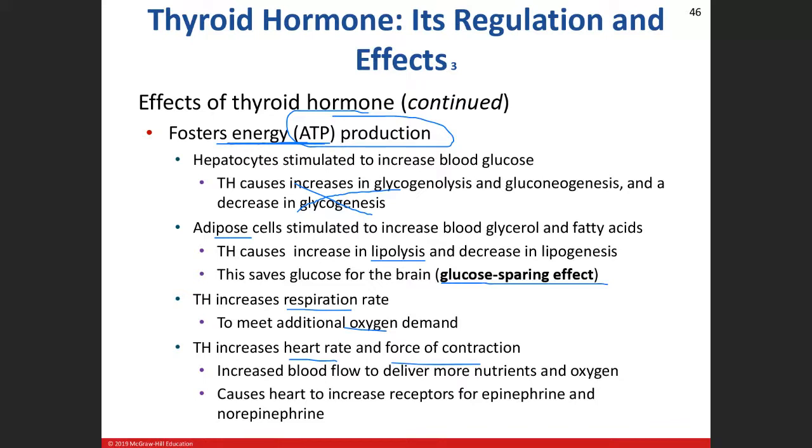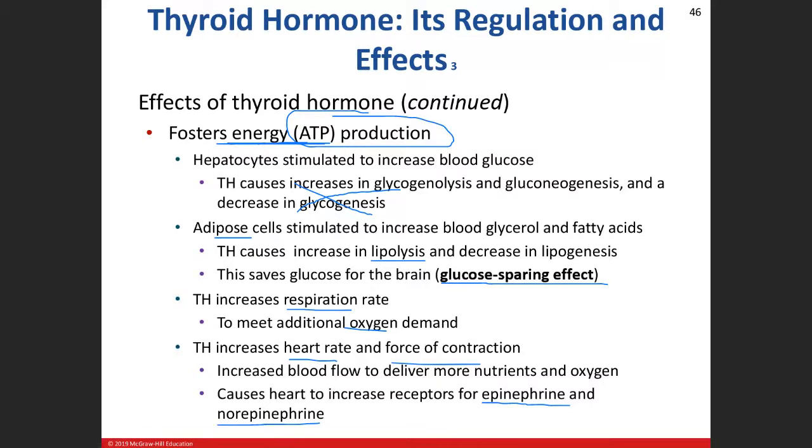And one of the things too, and we talked about this a little bit in 210, is epinephrine and norepinephrine, nicknamed adrenaline. When your adrenaline kicks off, your heart rate increases. So with thyroid hormone, it's going to upregulate the receptors on your heart for norepinephrine and epinephrine, specifically when you have a fight or flight response, when you're running for your life, let's say.